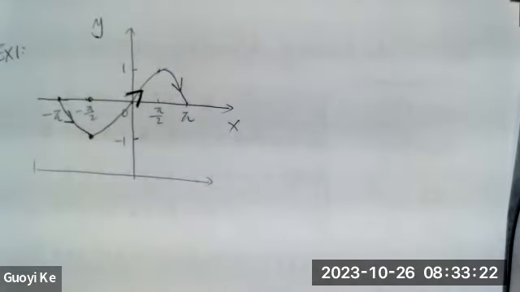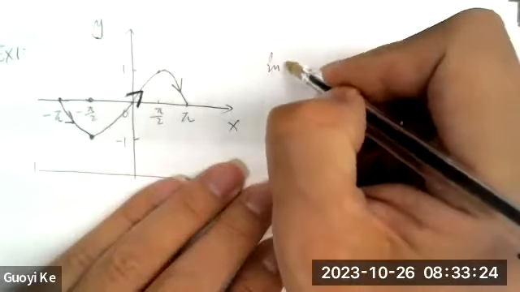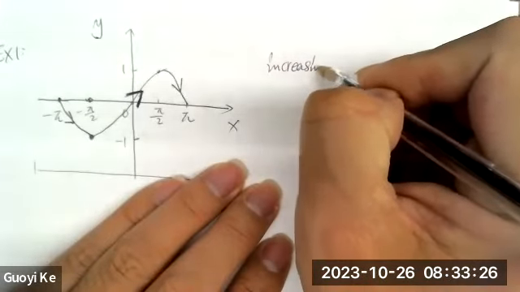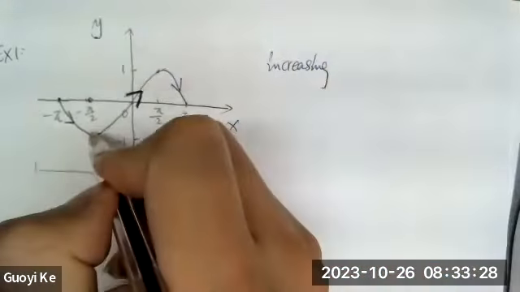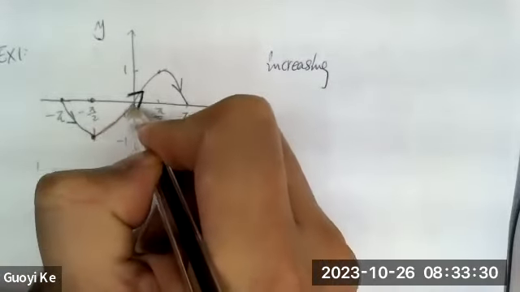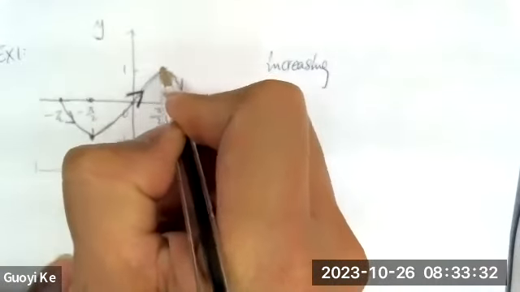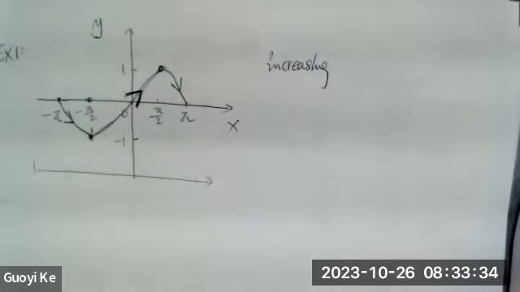As we can see, if we want to find the increasing part, we can find from here to here. That is increasing because the arrow is up.